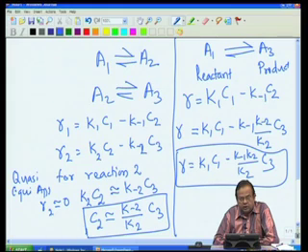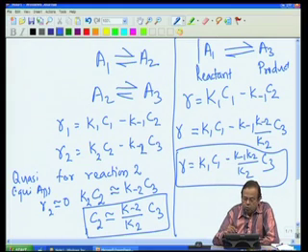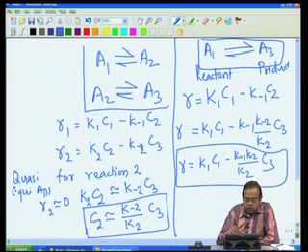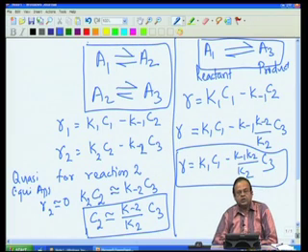So, what did we do? We had an original reaction, and its mechanism is of this kind. This reaction is actually not a single step conversion from A1 to A3, but a multi-step process, a complex reaction of A1 going to A2 and A2 going to A3.